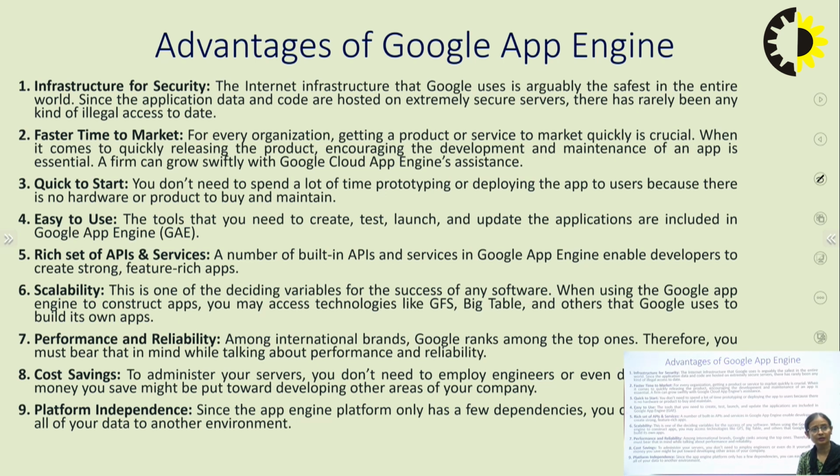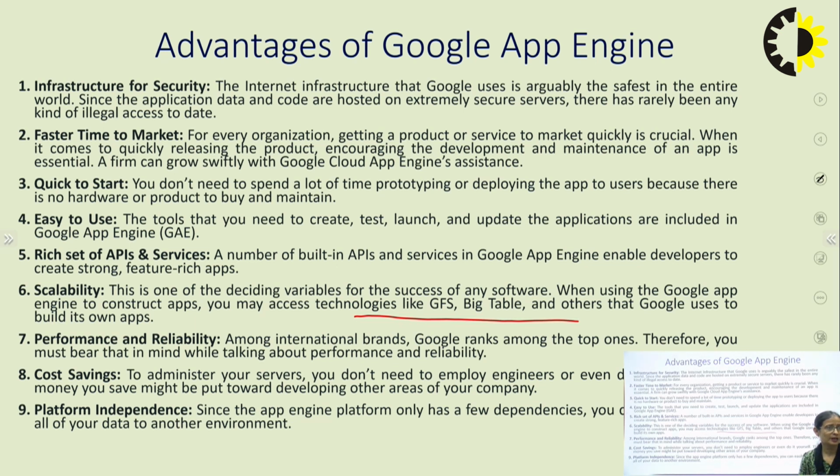A number of built-in APIs and services in Google App Engine enable developers to create strong, feature-rich applications. Scalability. This is one of the deciding variables for the success of any software. When using Google App Engine to build, you may access things like GFS, Bigtable, and others that Google uses to build its own apps.